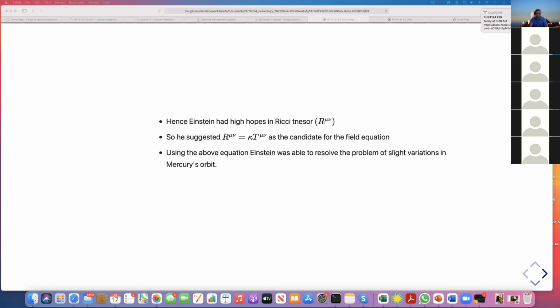The orbit of Mercury has a different path because it has a small wobble in its orbit, which means when it goes along an elliptical path, the next elliptical path is slightly rotated, right? And the next one is again slightly rotated. So there is a wobble in the path of Mercury, and this difference cannot be accounted for using Newton's gravitation theory.